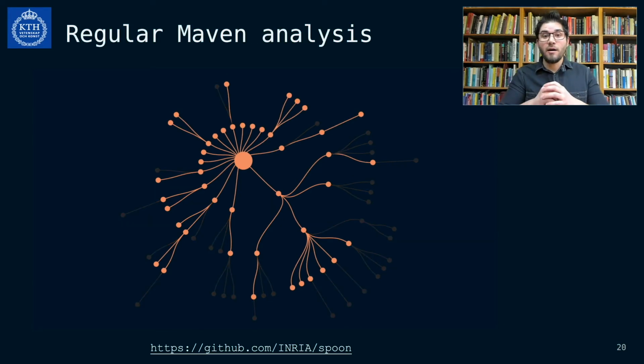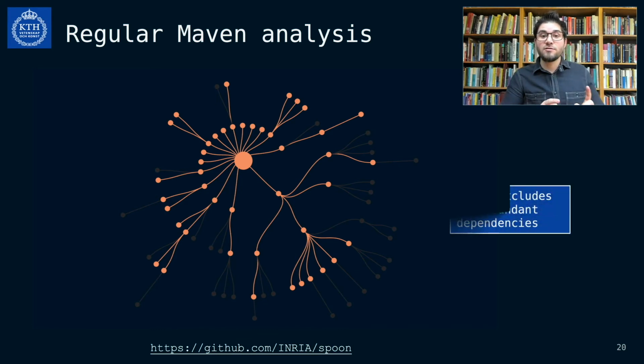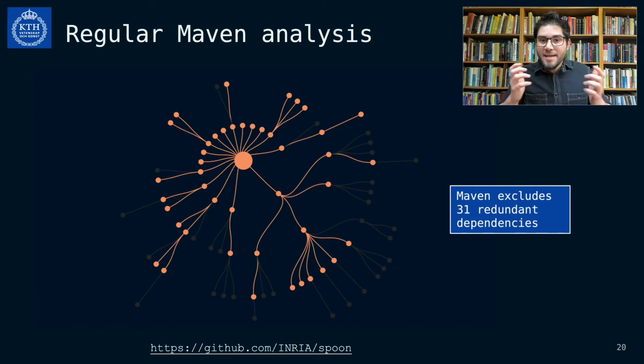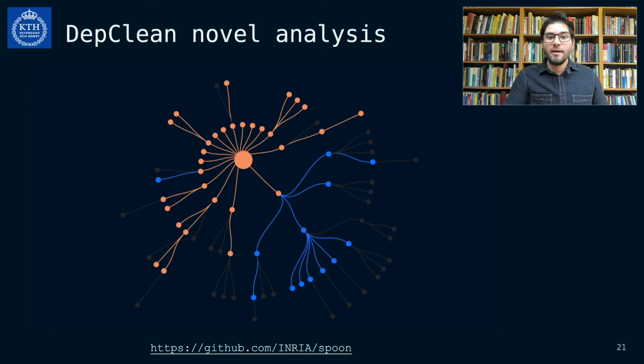Maven, as part of its standard analysis, excludes a total of 31 dependencies from its dependency tree. These are redundant dependencies, which basically means that they are duplicated versions of the same provider. After this step, DepClean performs its novel dependency analysis.